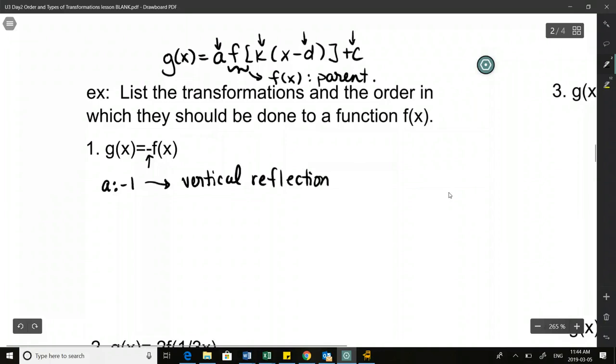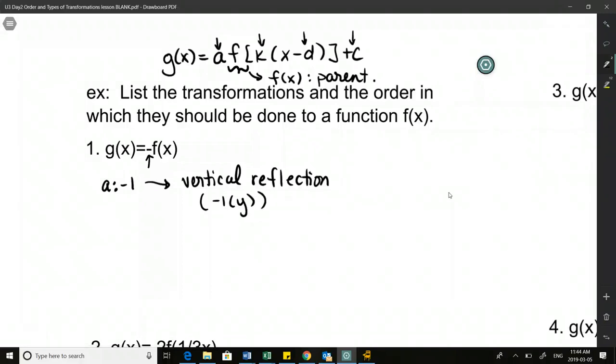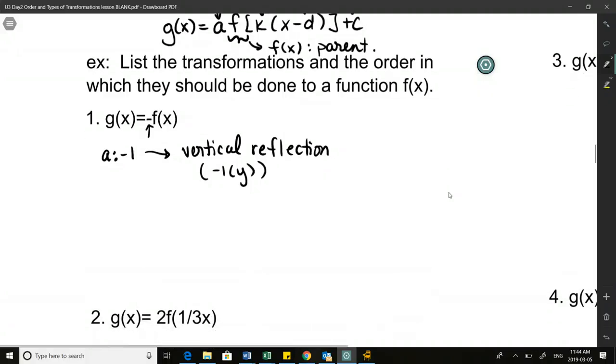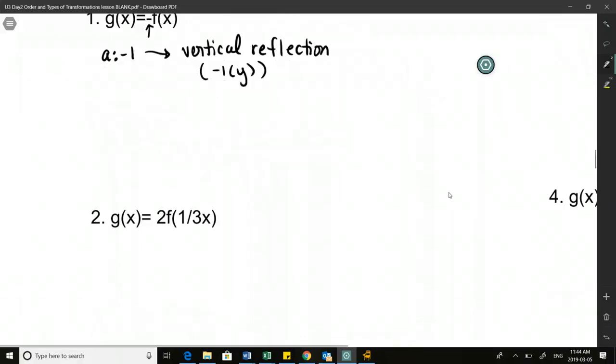So what we would do is take our y's and multiply them by -1. So we would do -1 times all the y coordinates. Okay, what I'm talking about as far as the math of this will become a little bit more clear as we actually do some of the transformations.